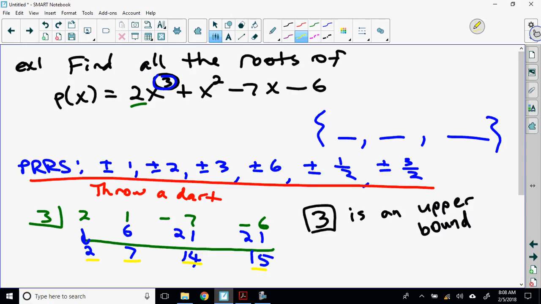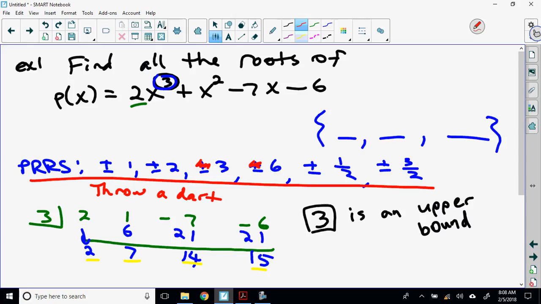What that means is there's not going to be any roots, any zeros of that polynomial any larger than 3. You know what that means? It means we're going to get closer to our answer quicker. We don't have to think about positive 3 because that's not going to work. We don't have to even try positive 6. But we do have 3 roots to find, and we haven't found one yet.